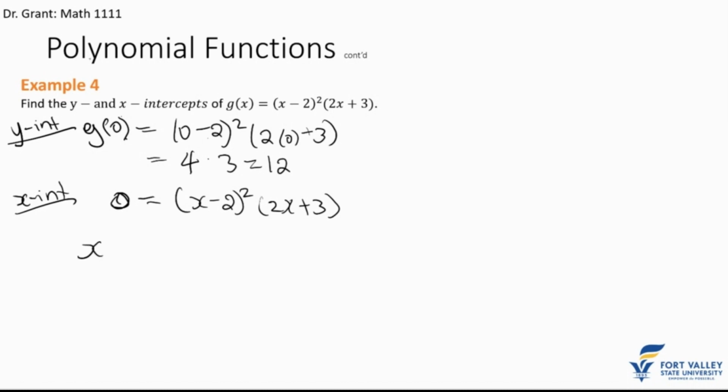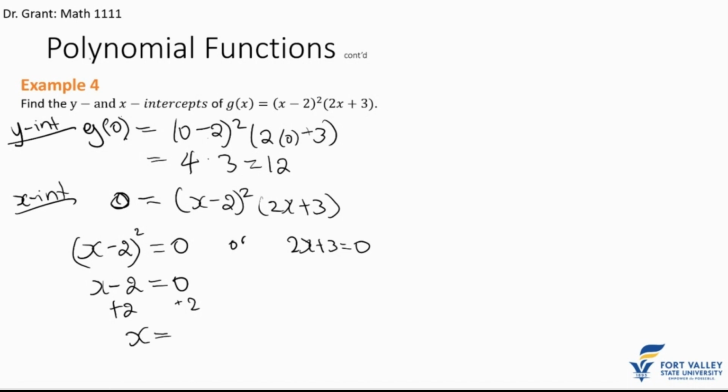So that means we could just say, well, x minus 2 squared equals 0, or 2x plus 3 equals 0. So here that means that if we take the square root of both sides, we have x minus 2 equals 0. We add 2. So that means x is equal to 2.